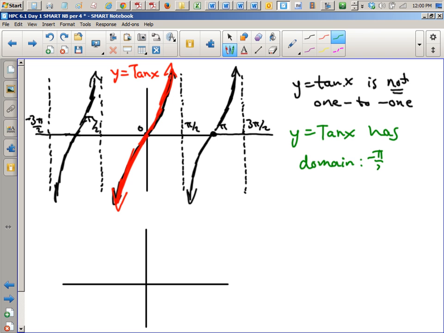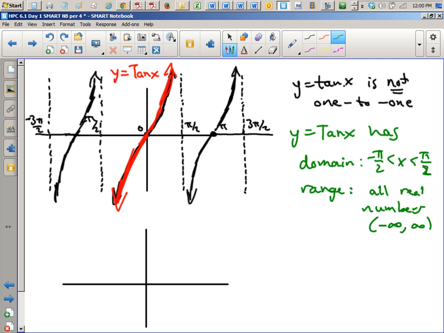Negative pi over 2 and pi over 2. Inclusive or exclusive? Yes, we cannot include the asymptotes. So that red graph lives entirely between negative pi over 2 and pi over 2 exclusive. Okay, range is all real numbers. So you can write negative infinity, infinity if you prefer that.